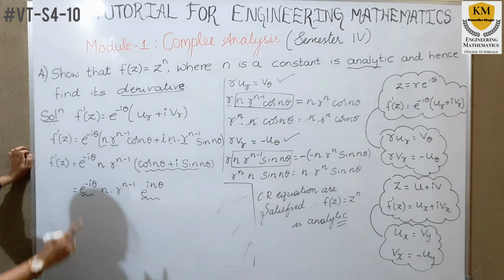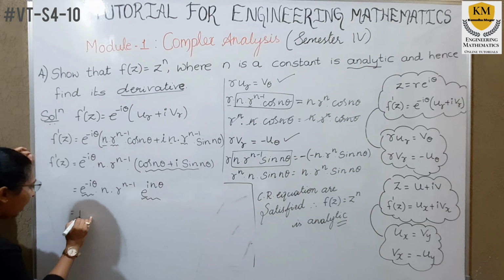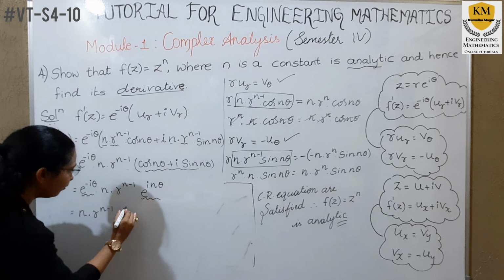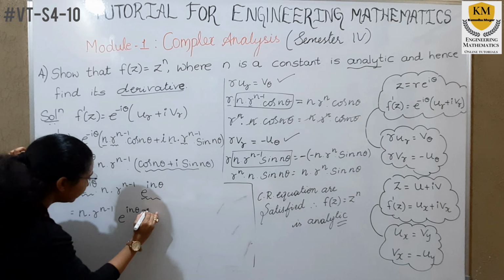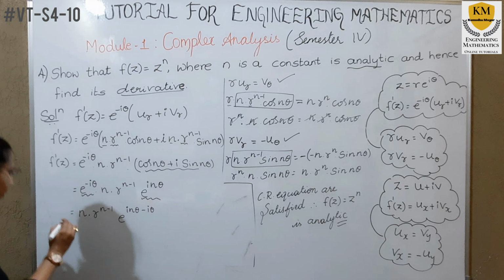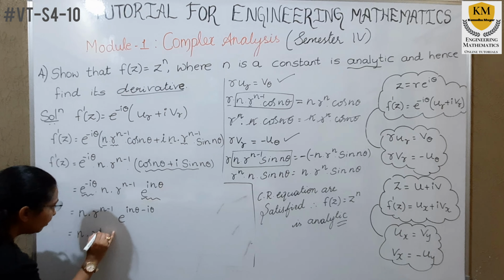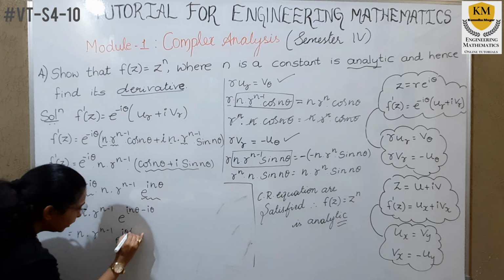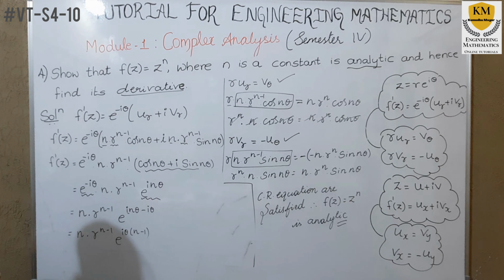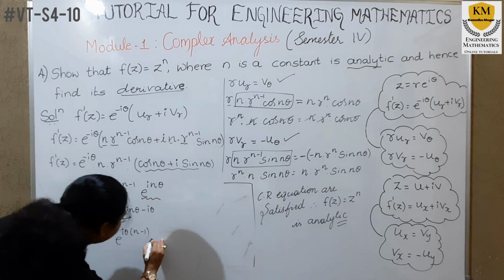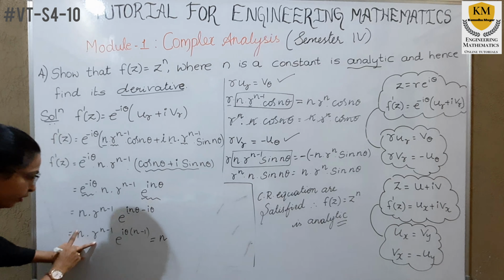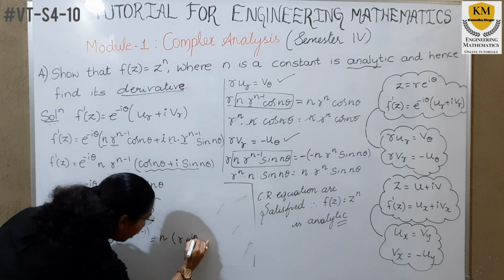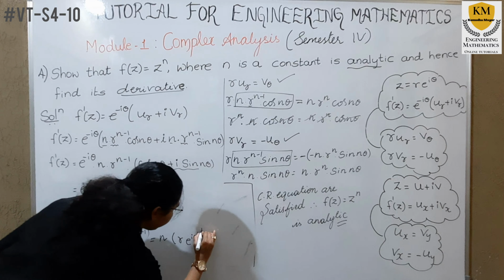So now I can write it as n into r to the power of n minus 1 as it is, e to the power of i n theta minus i theta. Fine. So further I will write it as n into r to the power of n minus 1 into e to the power, let me take i theta as common, into n minus 1. Fine. So directly I can write this, observe very carefully, as n into r into e to the power of i theta whole to the power n minus 1.